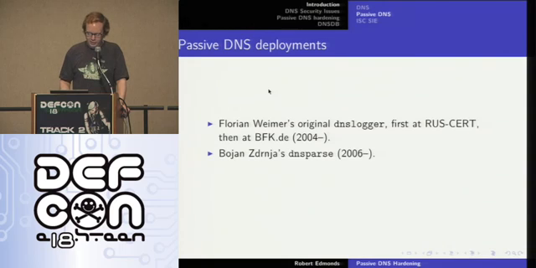Then we have Boyan's DNS parse out of New Zealand, which uses a fairly primitive TCP dump based sensor and a MySQL database. And the most recent and, to our knowledge, largest implementation is in ISC's Security Information Exchange, which inserts an elaborate distribution layer between the passive DNS sensor network and the analyzers of the captured data.